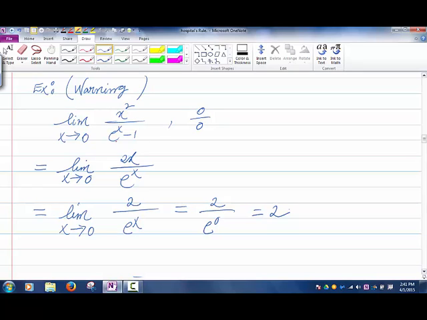Right. Why did I write warning? Everything I did makes sense, right? Which one? The second step here.